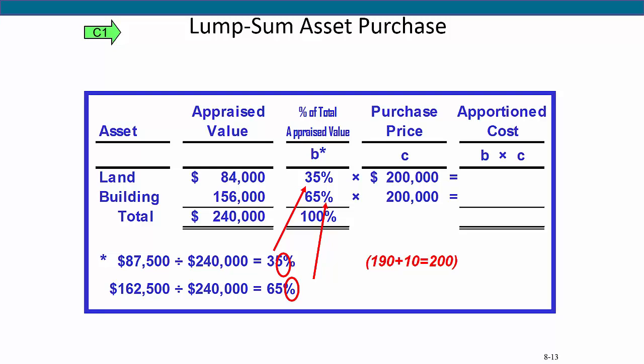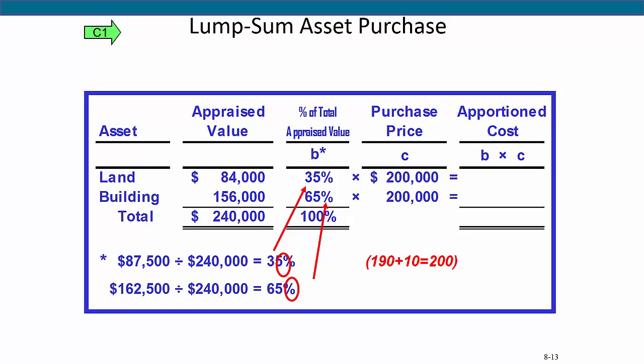The total appraised value is $240,000, and the land has an appraised value of $84,000. Therefore, the land is valued at 35% of the total of $240,000. We get the percentage by dividing $84,000 by the total appraised value of $240,000, and we do a similar calculation for the building.